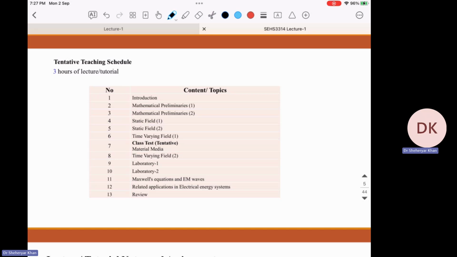Those fundamental laws in electromagnetism are uniquely represented in the Maxwell equations. We will start deriving the Maxwell equations right from the next lecture, but in our daily usage, we usually use the names according to the laws, such as Faraday's law of electromagnetic induction.